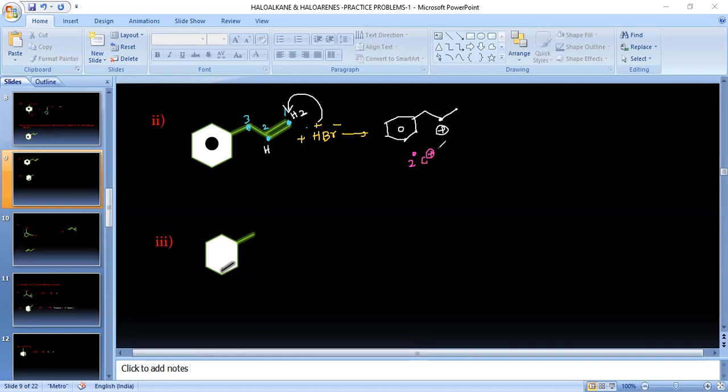Carbocation. Carbocation is more stable.